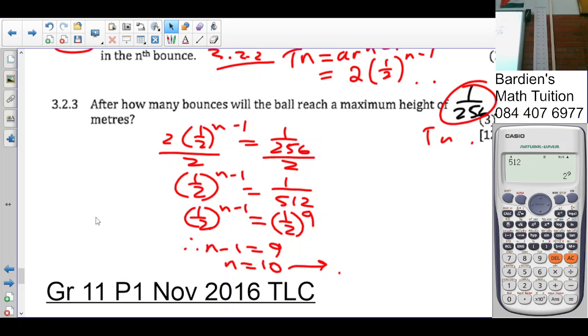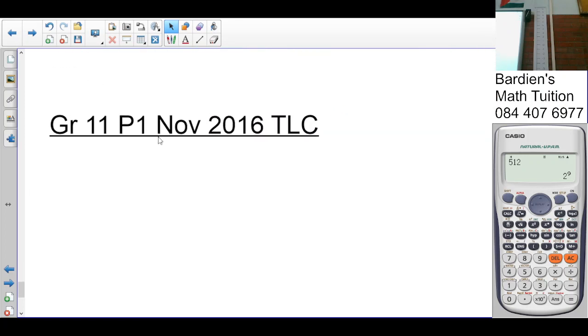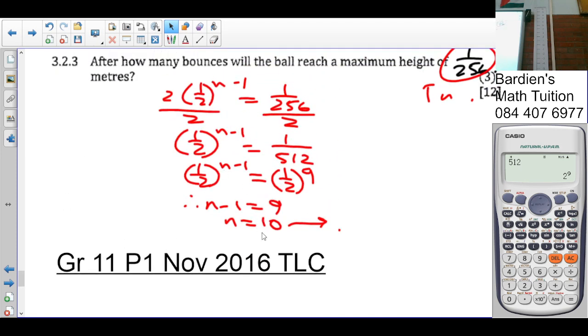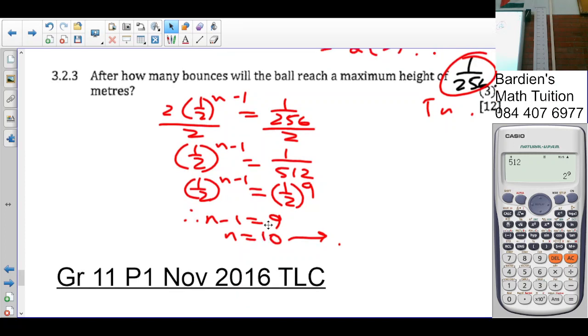Yes? 11. So if the height is 11, then the fraction should be 1 over 512. Yes, so it should be 1 over 512. But you're saying that this is the answer we started with. Let's see the memo.